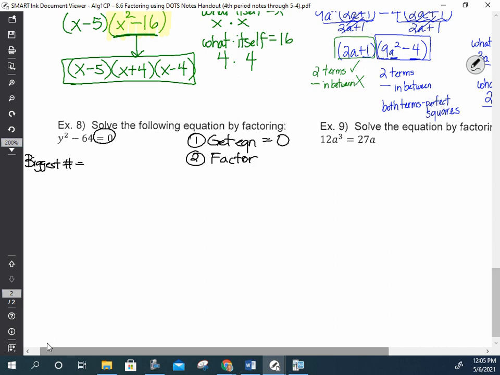What can you take out? 1. Do we have the same variable? No. So your greatest common factor is 1. There's nothing to take out, so we keep it moving.